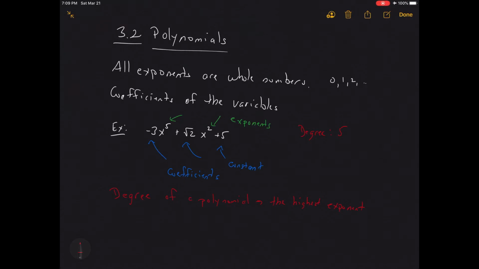And the leading coefficient is the coefficient that is attached to the highest degree term. In this case, the leading coefficient is negative 3 because it is attached to the highest degree term.